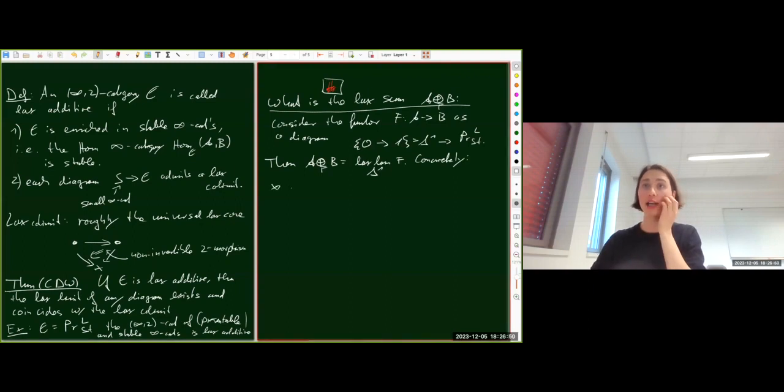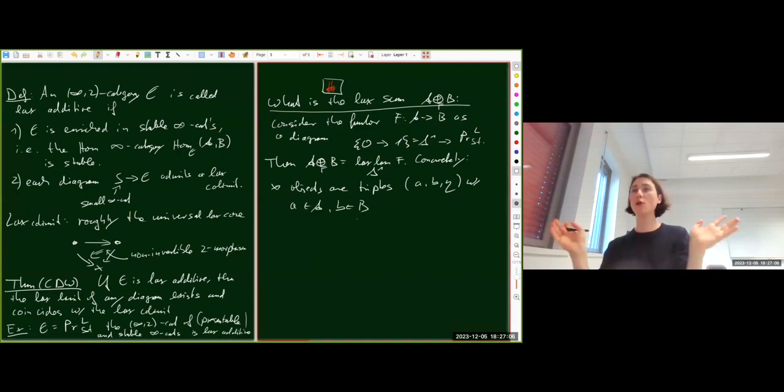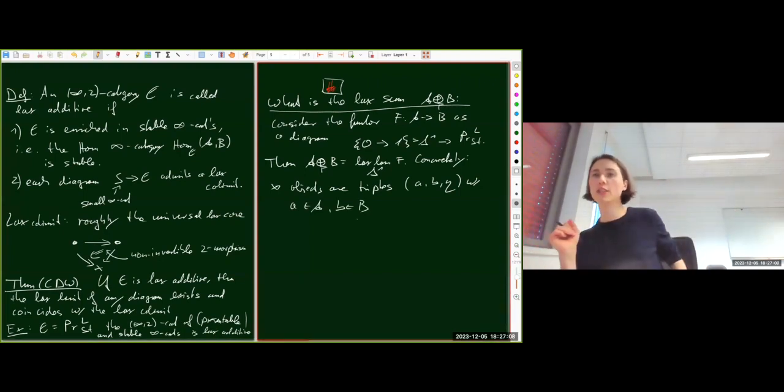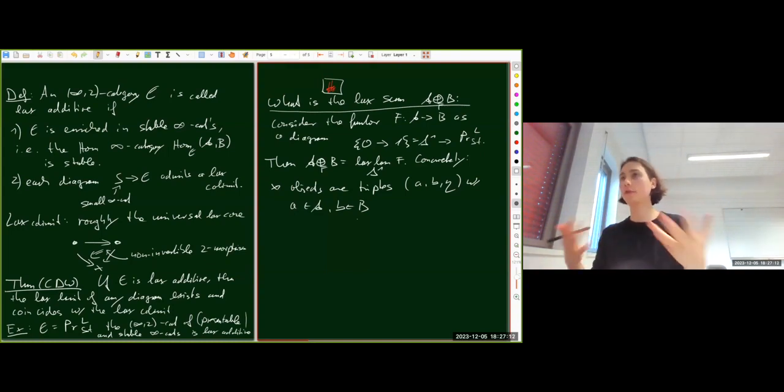what's an object? So an object is a triple (A, B, eta), where A is in A, B is in B. If that was all we had, if objects were just an A and a B, then this would be the product. The product of two categories has objects just tuples.